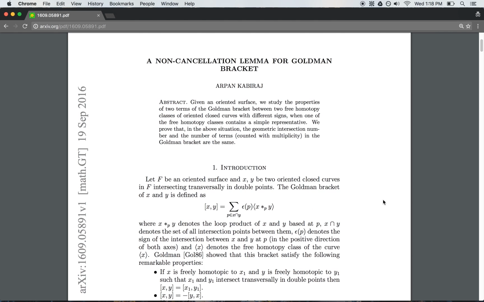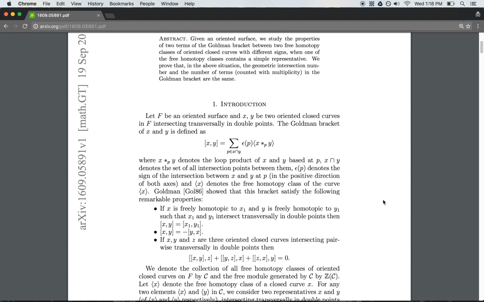Introduction. Let F be an oriented surface and x, y be two oriented closed curves in F, intersecting transversely in double points.